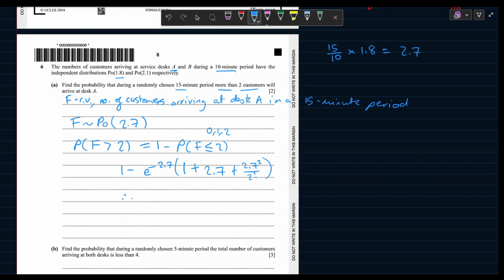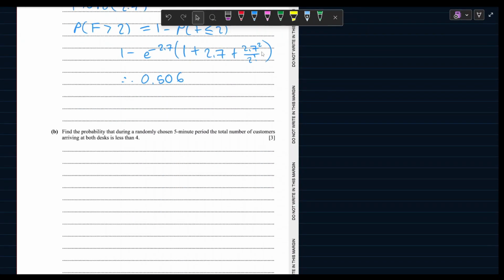All right, so let's just punch this into the calculator. 1 minus e to the negative 2.7 times 1 plus 2.7 plus 2.7 squared over 2 factorial. And this gives us 0.506, and that is our final answer.